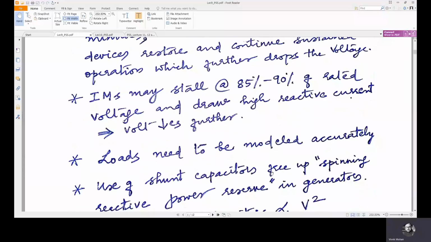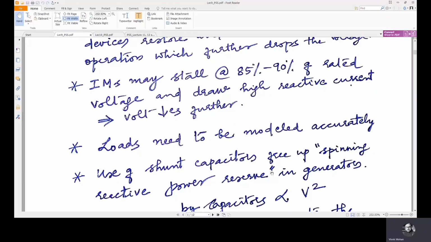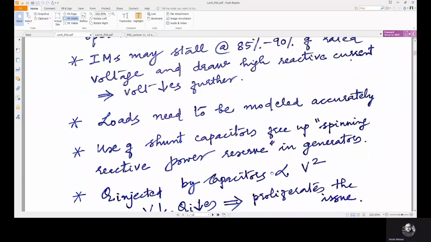So loads need to be modeled accurately, as we have already mentioned. Now, the use of shunt capacitors frees up spinning reactive power reserve in generators. Normally, if it is an automated switching kind of capacitor, based on the sensed voltage, the capacitor switches itself.